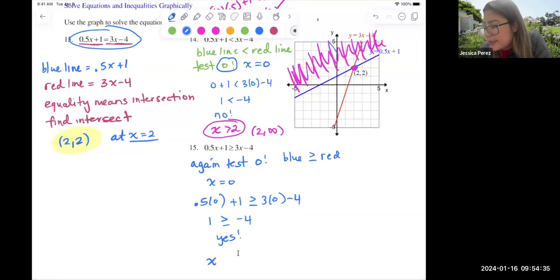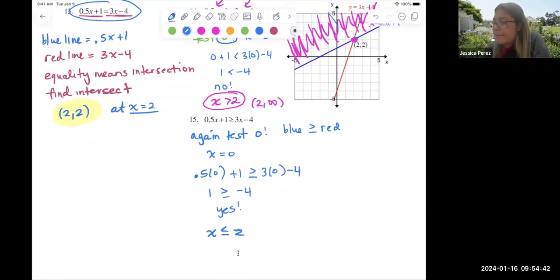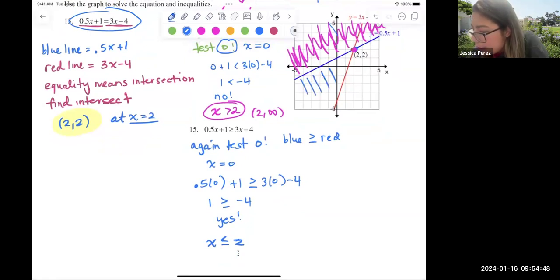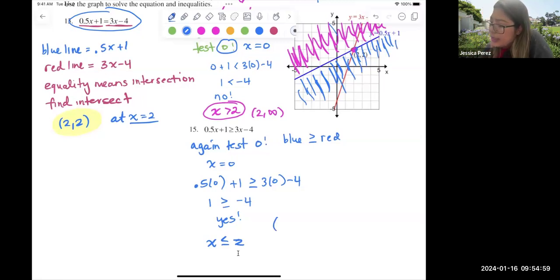So then x is less than or equal to positive 2. And then you'll have this color down here. You're shading wherever your 0 is, down here. So then your answer will be from negative infinity to 2, inclusive.